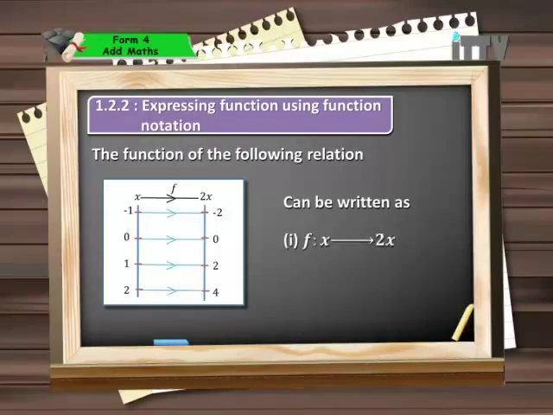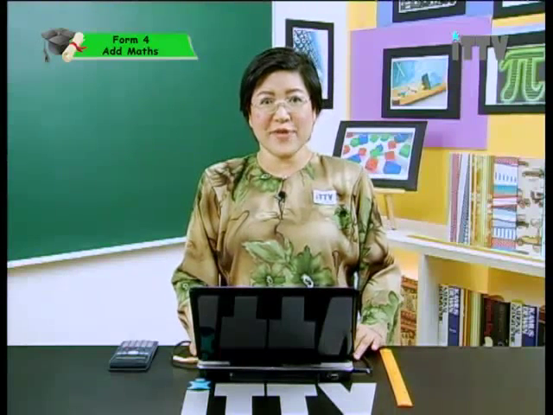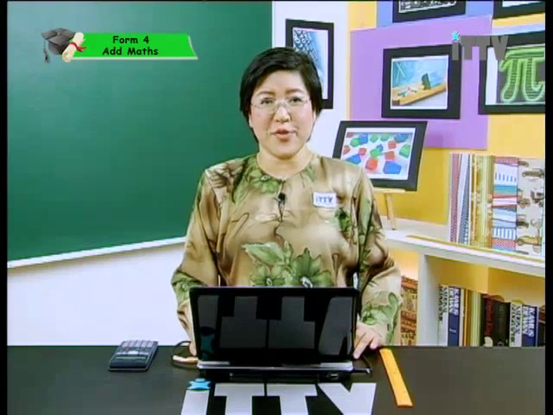Either part 1, it should be written as the function f maps x to 2x, or it could be written in the form of part 2, 2x is the image of x under the function of f. Time for us to practice this function notation and look at a few more examples.